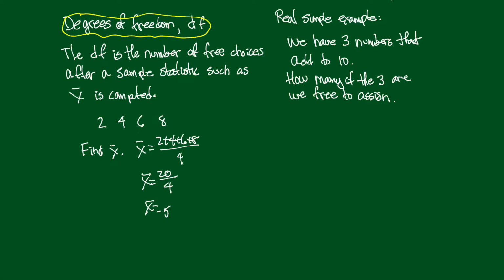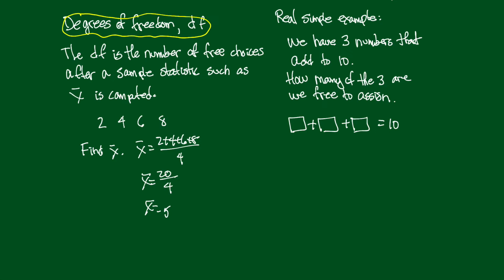So here's what we might think of as a simple example. Suppose you've got 3 numbers, and you know that when you add them together, you get 10. So you've got this number plus this number plus this number, and when you add them together, you get 10. Now, how many degrees of freedom do I have? That means how many of these 3 numbers am I free to assign?